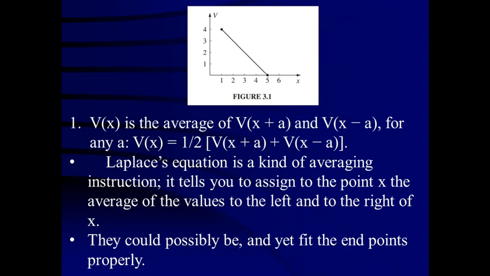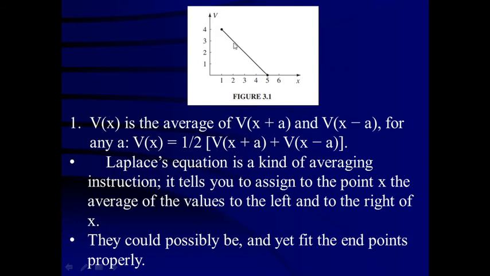You can take any value of x, let us say in between. Here there may be a point where you have taken the value of V. So for this point, 3, there will be some particular value of V. And 3 plus something you add on this side, and 3 minus something you subtract on this side.